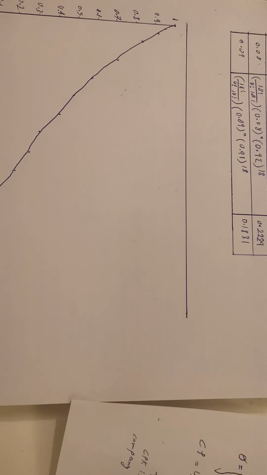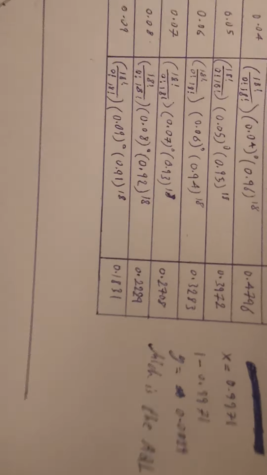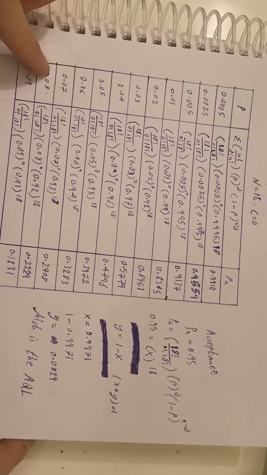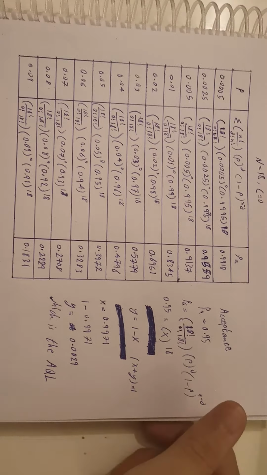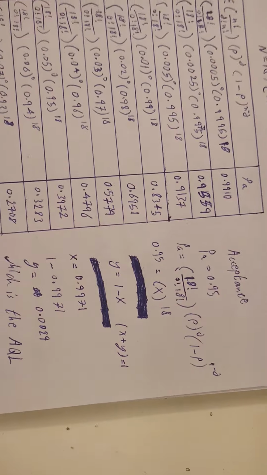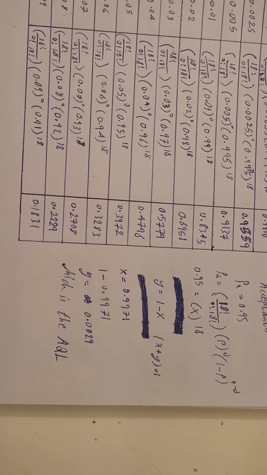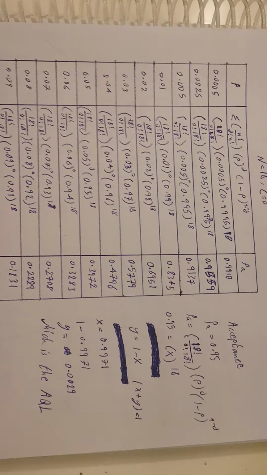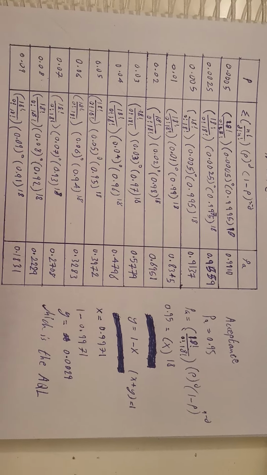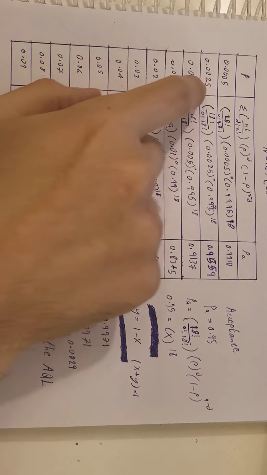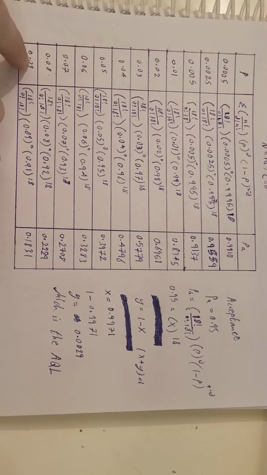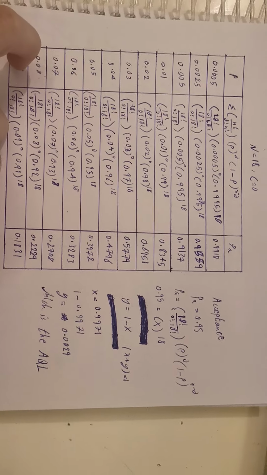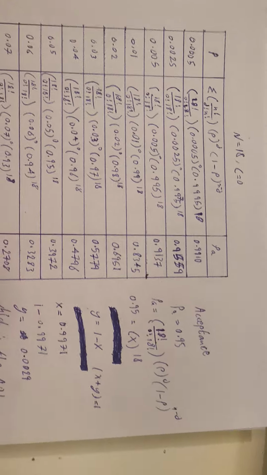Now, for the second question here, let me organize this real quick. In the second question here, we need to draw the operating characteristics curve, and in order to do that, we have certain p-values which are given, and we need to calculate the PA for those values.